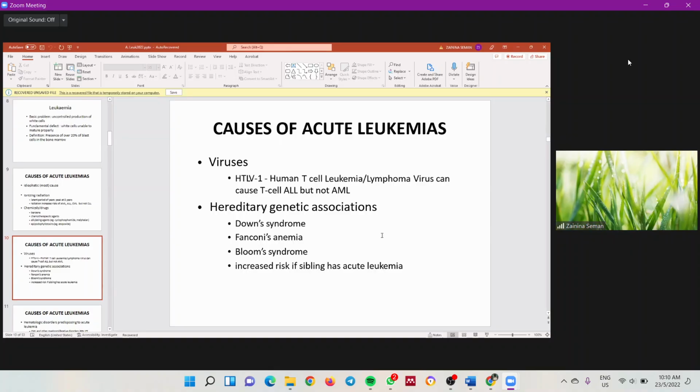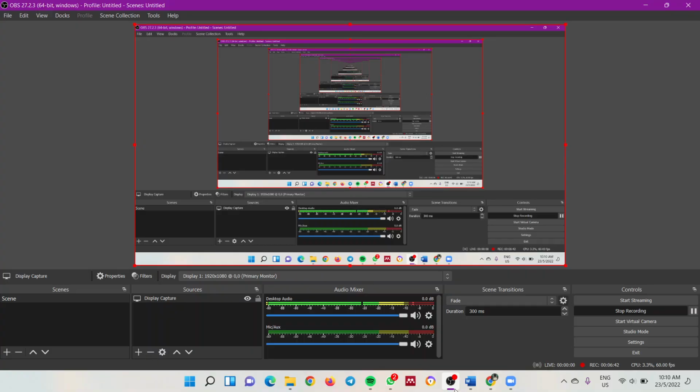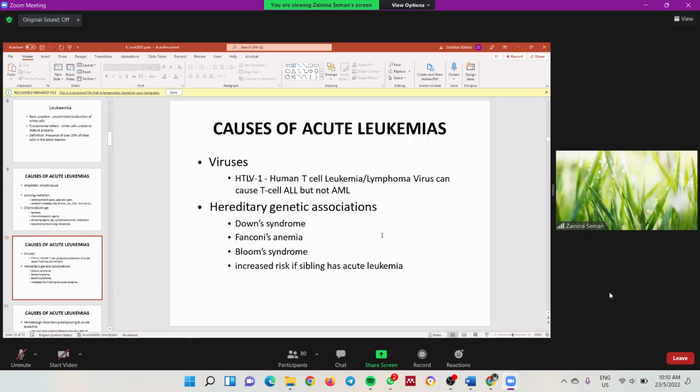Other than that is hereditary genetic association. For example, Down syndrome is the most common syndrome associated with leukemia. So you see that most Down syndrome patients have a tendency to develop acute leukemia later on or during their course of life.